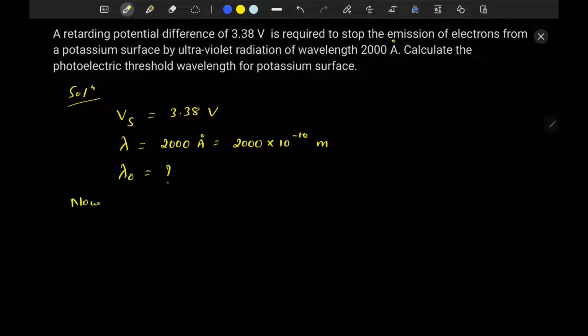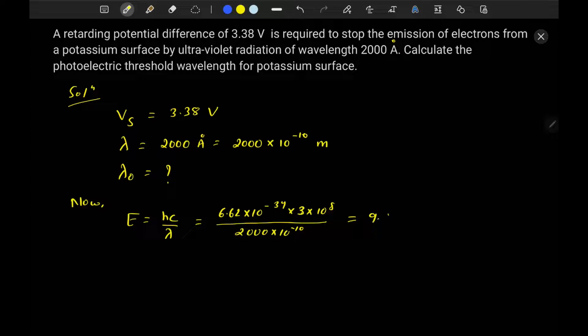So from lambda we will calculate the incident energy. hc by lambda is equal to 6.62 into 10 power minus 34 into 3 into 10 power 8 divided by 2000 into 10 power minus 10. This comes to be 9.93 into 10 power minus 19 joule.